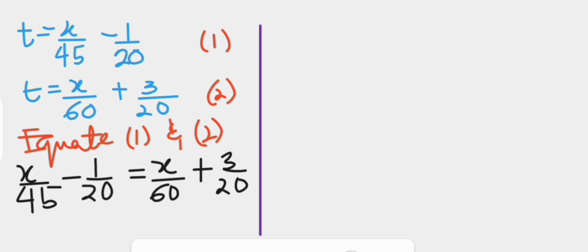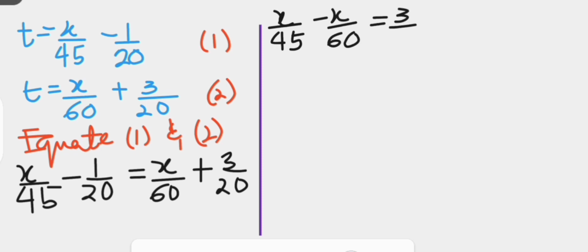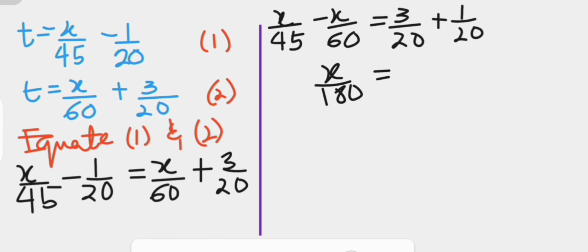Grouping the like terms together, we have x over 45 minus x over 60 for the terms in x that contain the distance, and that is equal to 3 over 20 plus 1 over 20, the ordinary numbers. X over 45 minus x over 60, when worked out, gives x over 180, while 3 over 20 plus 1 over 20 gives 1 over 5.